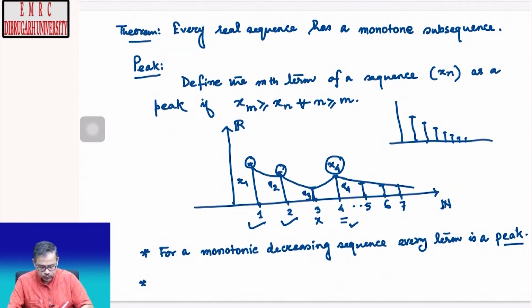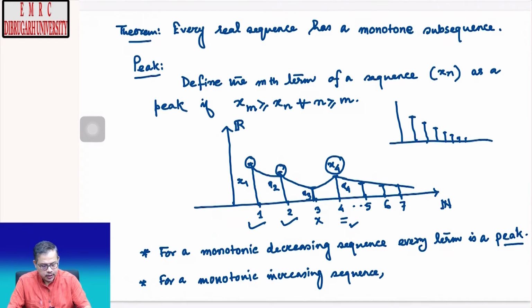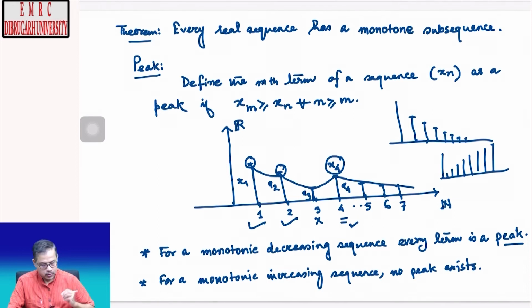But whereas for a monotonic increasing sequence, you can have something like this, and then there cannot be any peak, because on the right of every term, whatever comes up is greater than or equal to that term, and therefore no peak exists, right.